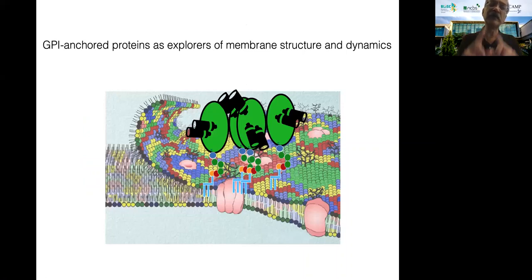So what we did was we put binoculars onto GPI-anchored proteins. Rather, we put fluorophores onto GPI-anchored proteins and asked them to tell us about what's happening to them in the membrane of living cells.